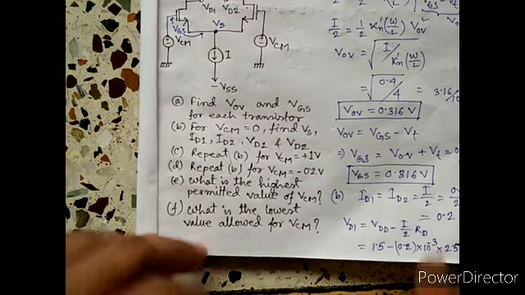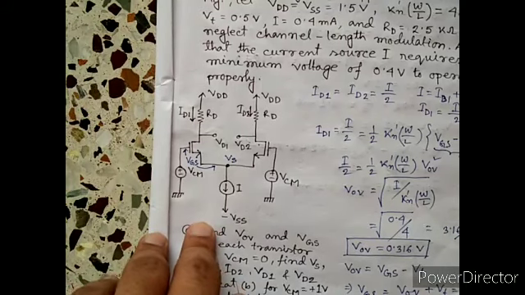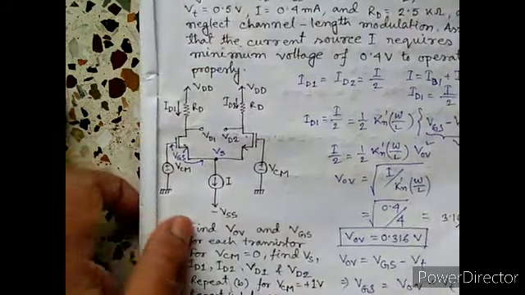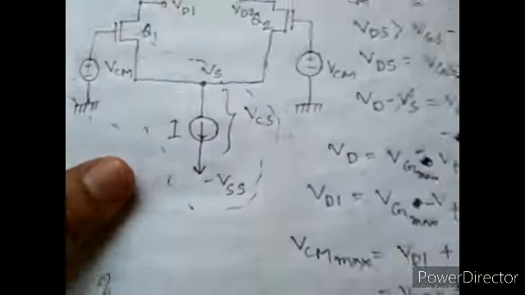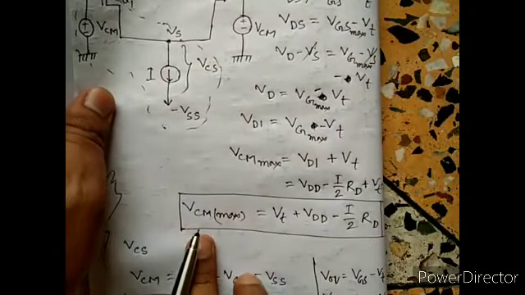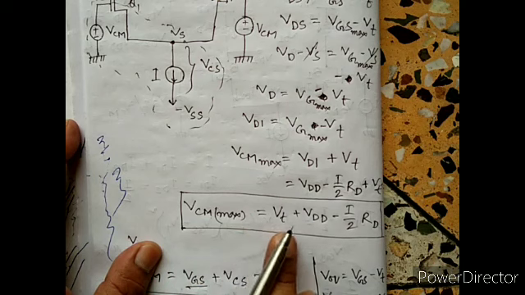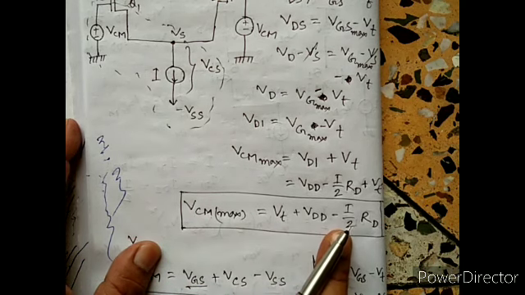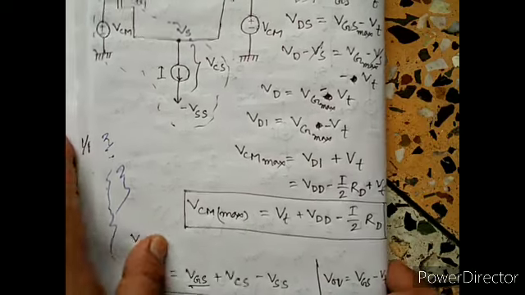For VCM max, in the previous class we found that VCM max equals threshold voltage Vt plus VDD minus I by 2 into RD.